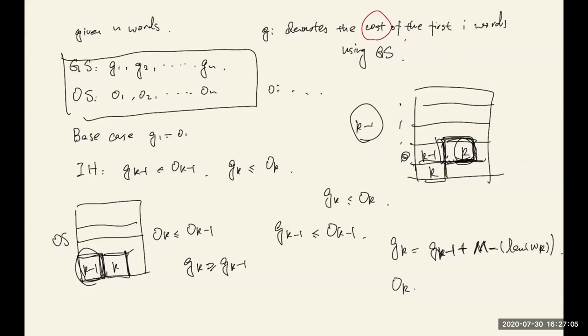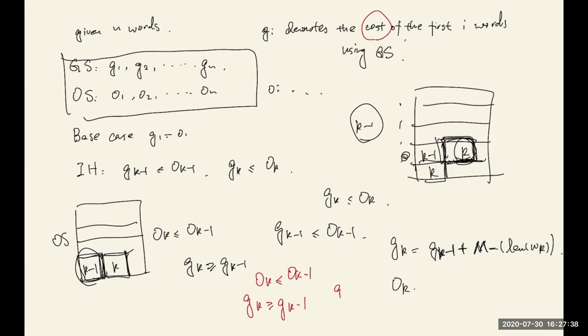The last explanation might be a little hard to understand, so you can try it yourself without using the way I prove it in the PDF file. You'll get into trouble, since you'll see that there might be a situation where GK is larger than GK minus 1, but OK is less than OK minus 1.